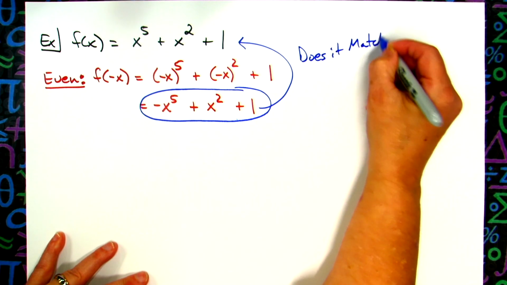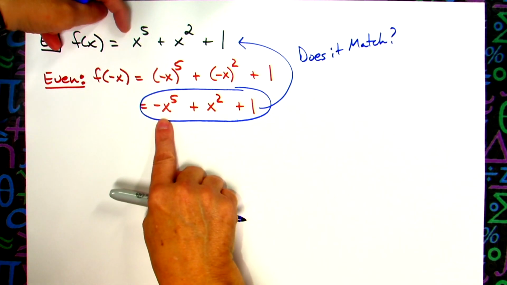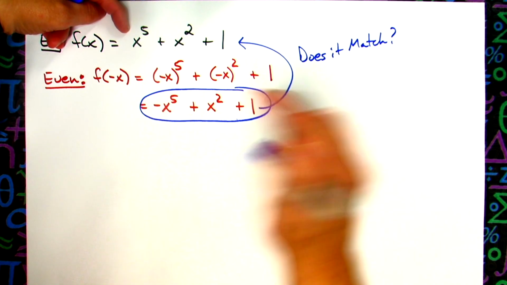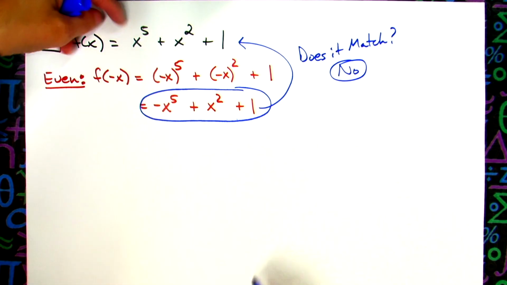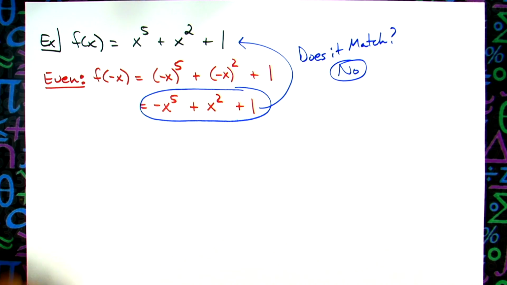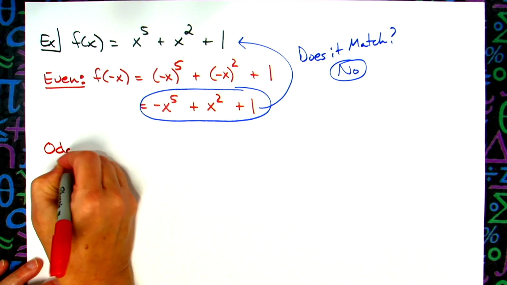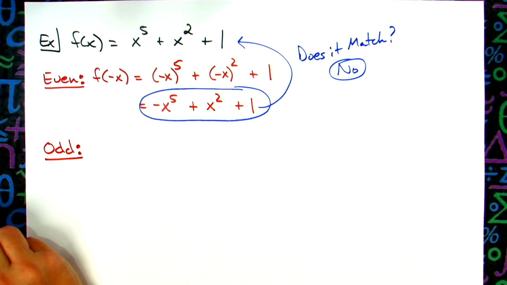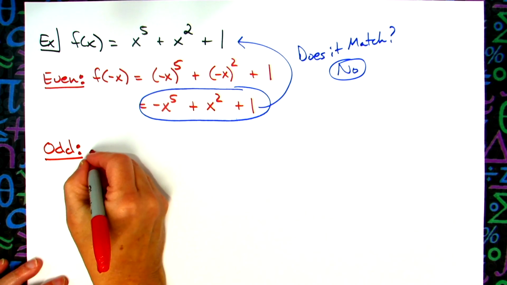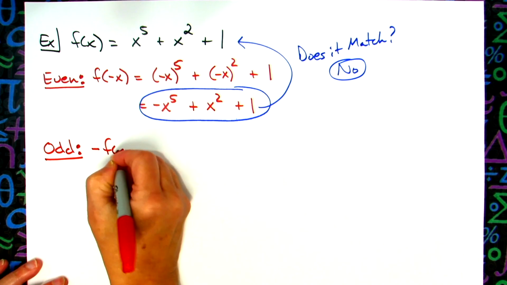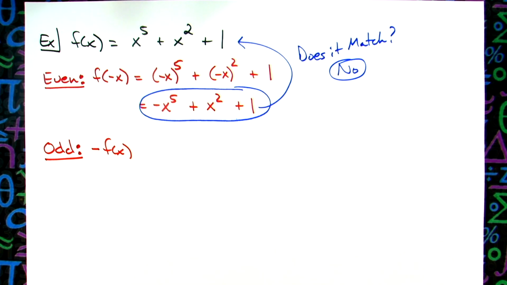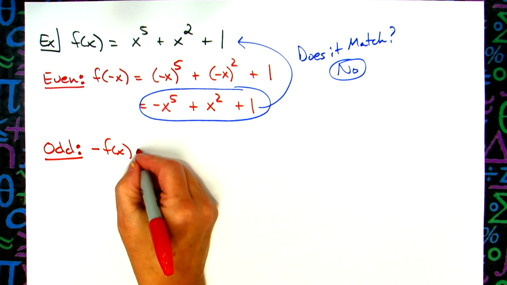All right, and then going through looking at these, right off the bat, you can see that the first terms don't match. So the answer is no. So we know the function is not even. Now you got to test for odd. The second part of that formula is a negative f of x. So actually testing for odd is the easy one. You just take negative 1 times the function.